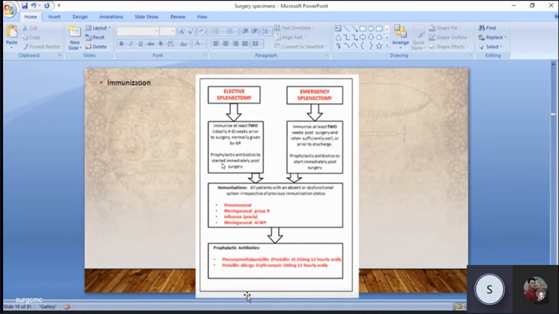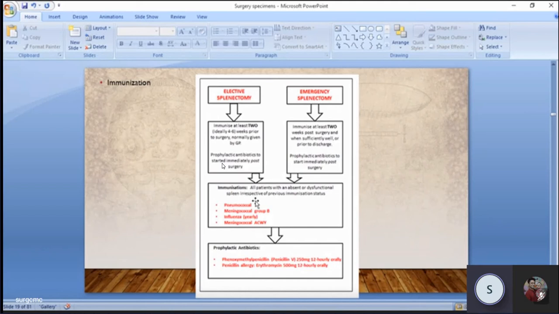So how do you prevent it? By giving immunization. For elective splenectomy, you should immunize the patient at least 2 weeks prior to the surgery, or if it is an emergency, within 2 weeks post surgery.